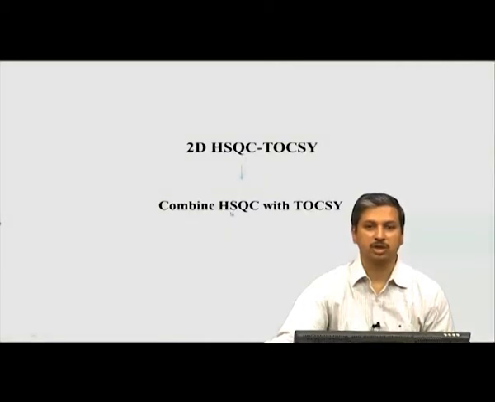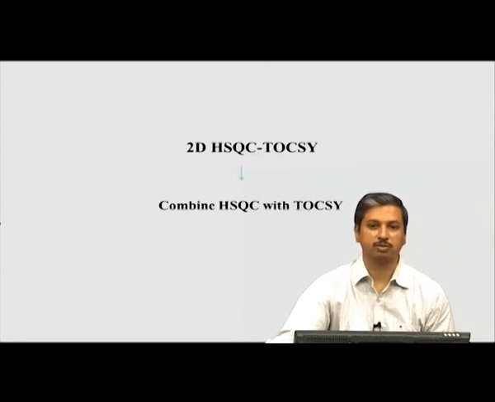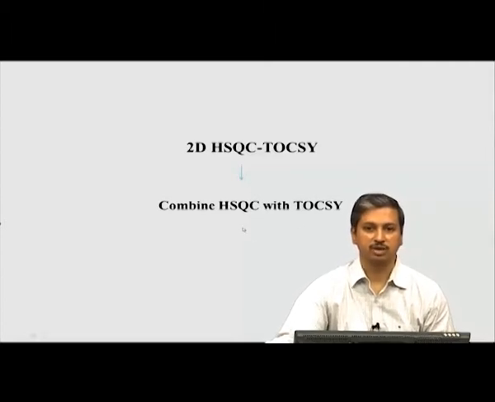So, this is a different type. If you recollect, we discussed the fact that you can combine many experiments together. In NMR, this is how 3 dimensional NMR is built. Many of the 3D NMR experiments are nothing but combinations of two dimensional experiments. This is one such combination, but it is not a 3D experiment, it is still 2D.